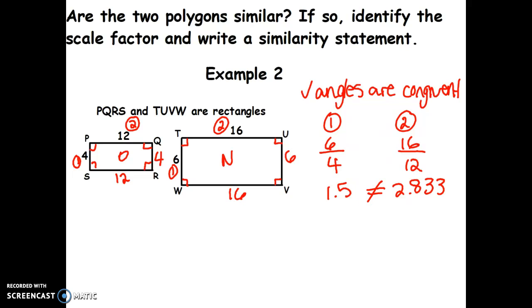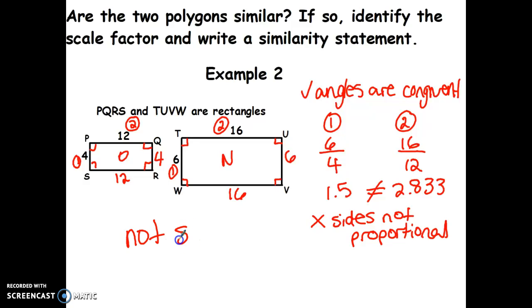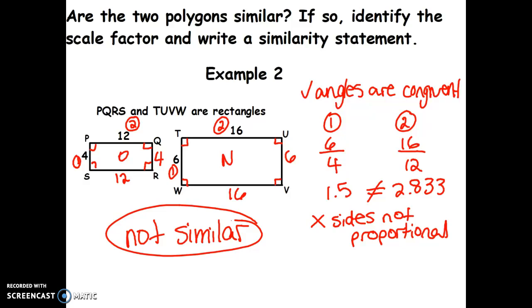No, they're not. So what does that tell us? That the sides are not proportional. So the angles are congruent, but the sides are not proportional. So that means that these two rectangles are not similar. So since they're not similar, we don't have a scale factor and we also don't have a similarity statement.